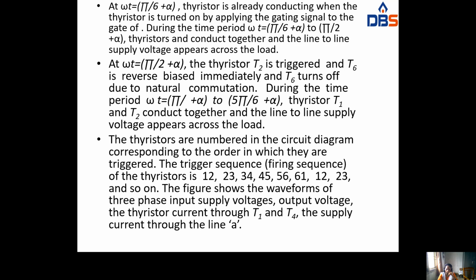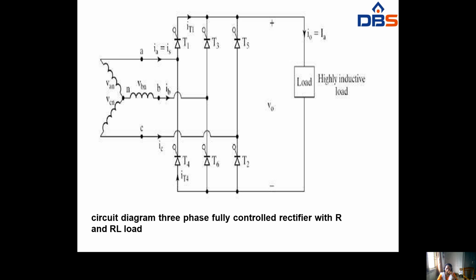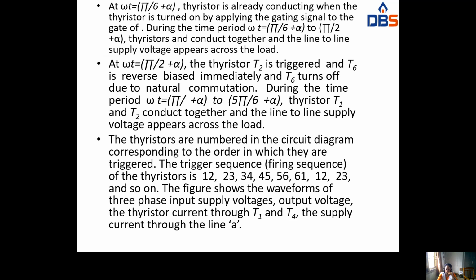At pi by 2 plus alpha, the thyristor T2 is triggered and T6 is reverse biased. Before triggering, T6 will be conducting. When the thyristor is triggered, T1 will be turned on, and thyristors T1 and T2 conduct together, and the line to line supply voltage appears.